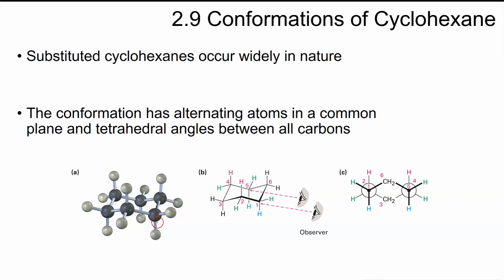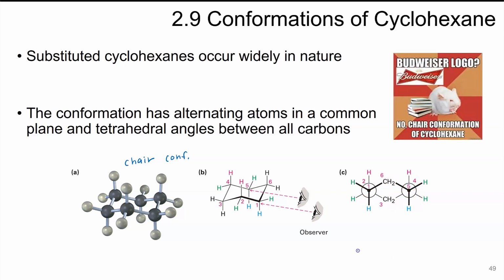The ball and stick figure here is the chair conformation that cyclohexane will adopt. Again, there's no angle strain. All the carbon atoms have tetrahedral angles here. This is how it would look in a drawing. If we look at the carbons down the 5,4 and the 1,2 bond, this is what the Newman projection looks like. You have all of these things in the anti-staggered conformation to each other.